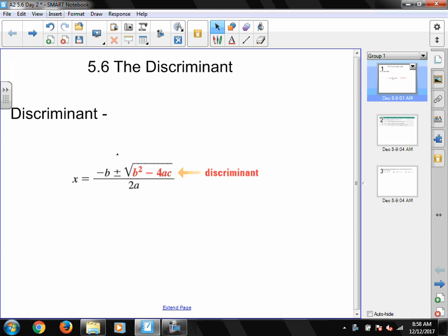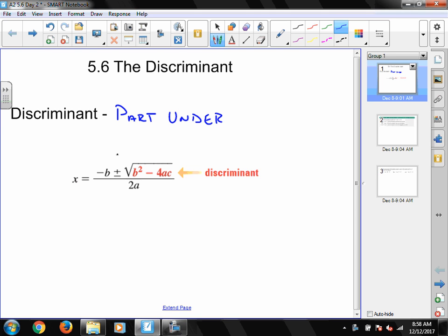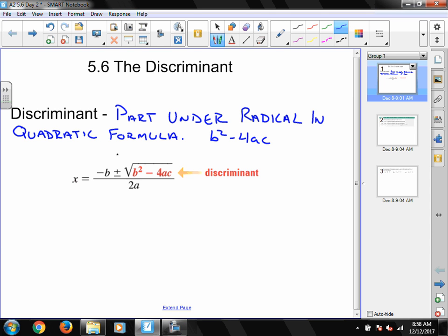Instead of focusing on the quadratic formula, we're going to focus on what is called the discriminant. The discriminant is the part under the radical, or the square root, in the quadratic formula, which is going to be b squared minus 4ac.